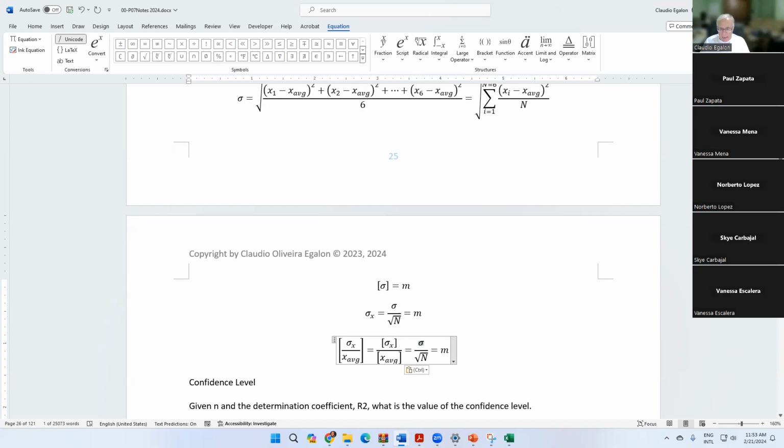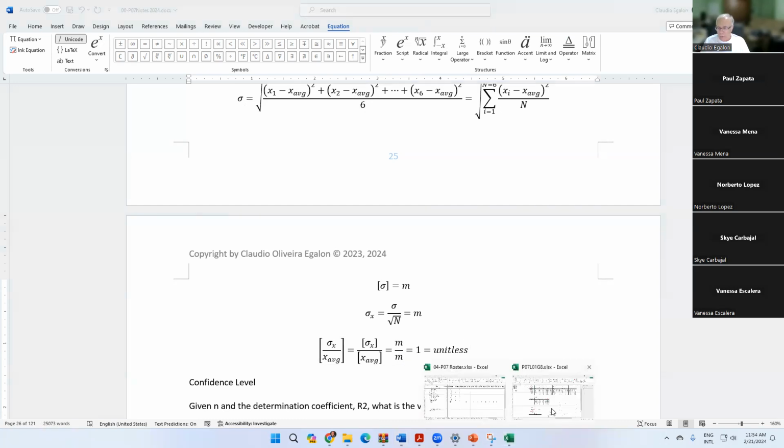Square bracket of sigma x is going to be meter. Square bracket of x average. What's the unit of x average? It's meter too, right? And you end up with a unit of 1. Unit of 1 means that the quantity is unitless.